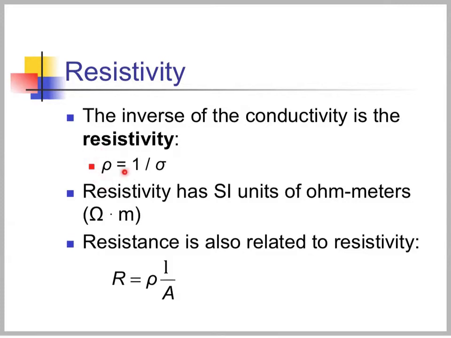Again, for resistivity, we use the variable rho. It is not a volume charge density like we were using before. Same variable, completely different concept. In this case, resistivity talks about how difficult it is to move electrons through a material.